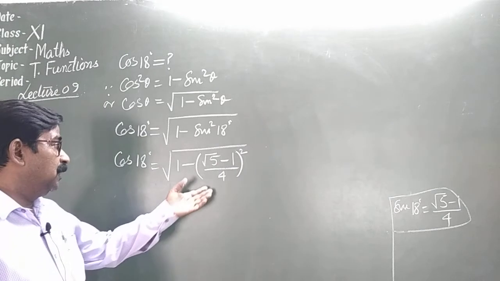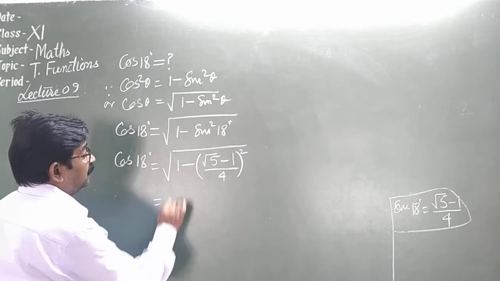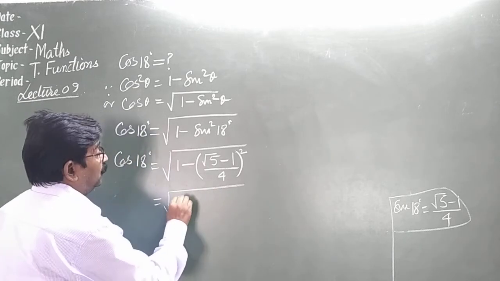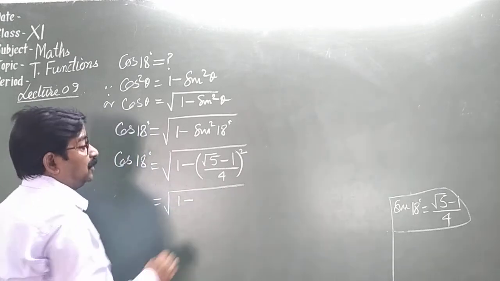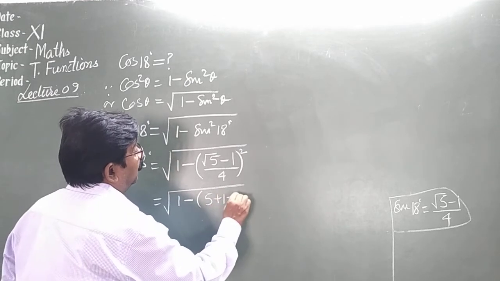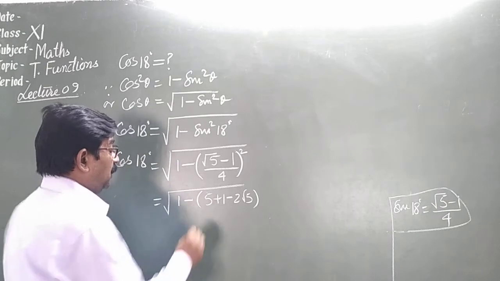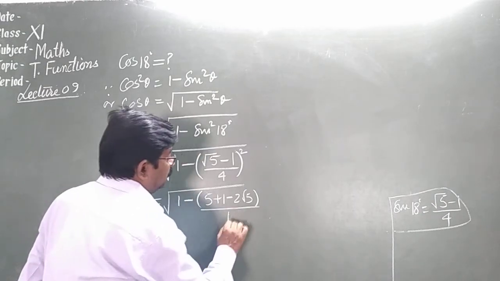Now make it square. Break this: 5 plus 1 minus 2 under root 5 whole upon 16.